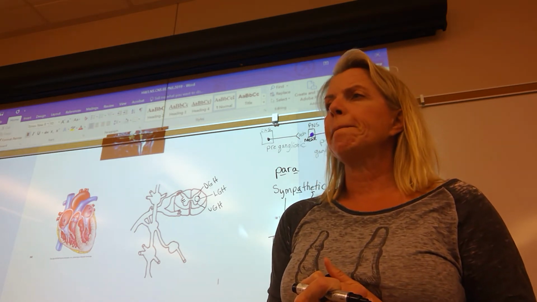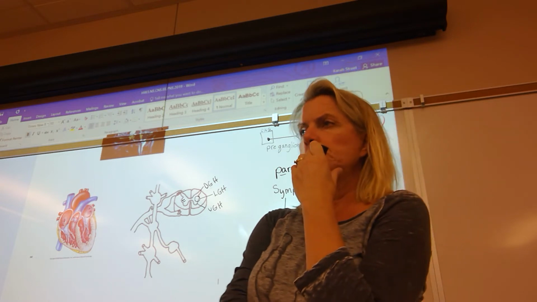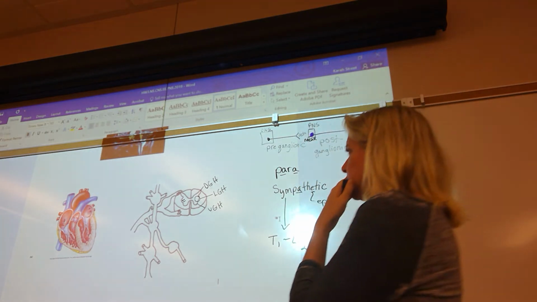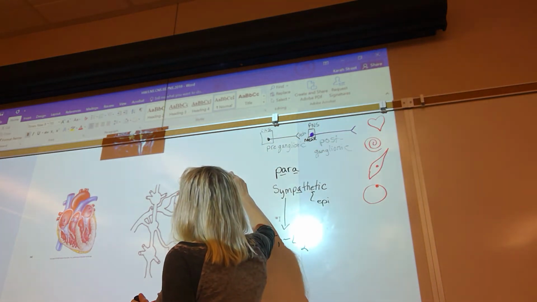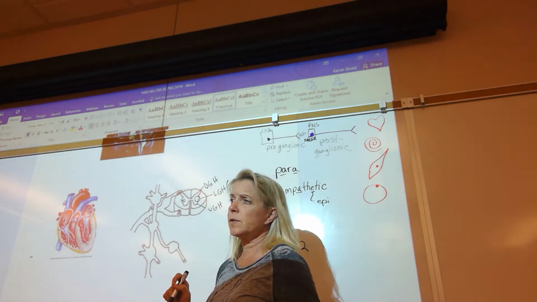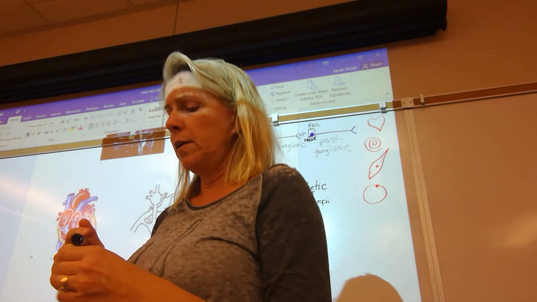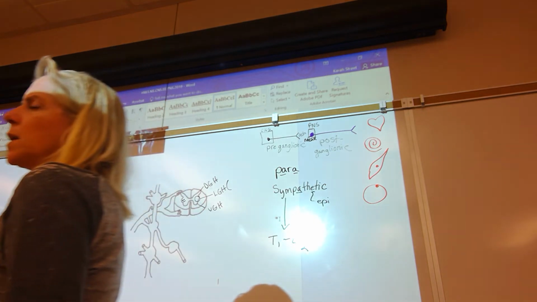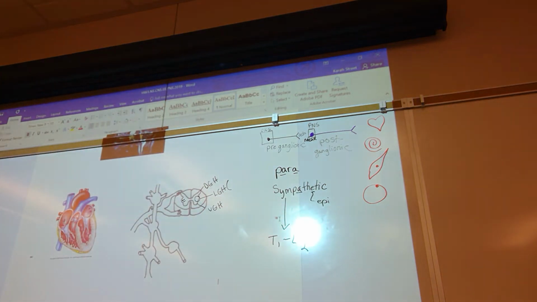So what does it mean by intermediolateral cell column? For anatomists, if I say lateral gray horn, anatomists would say to me, which one?